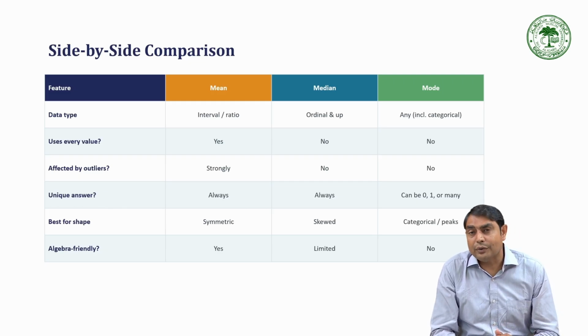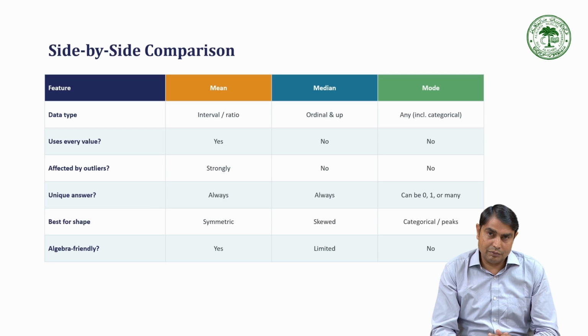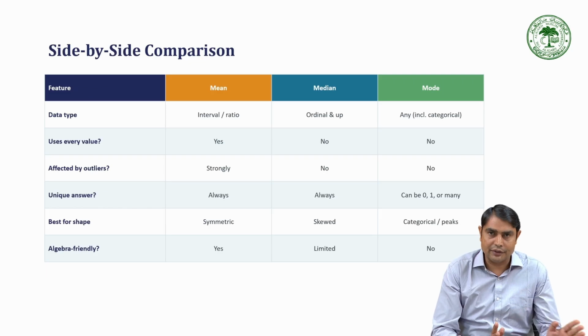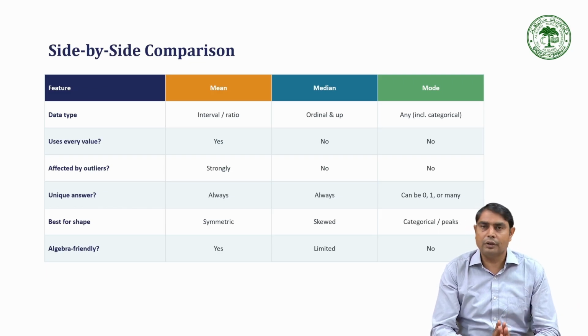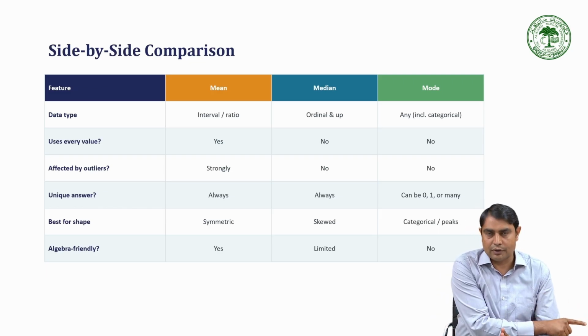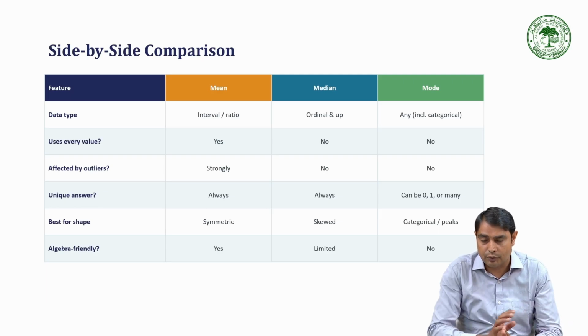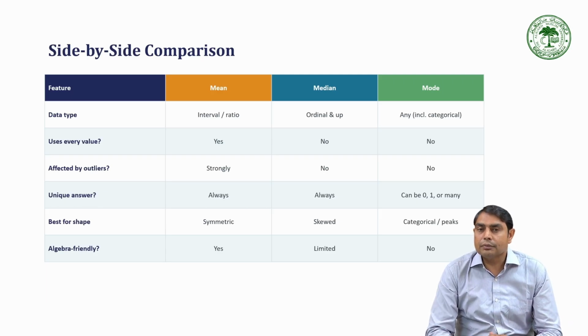So whether the value is 5 or 15 when your median is 20, both have equal rank, like less than 3, so both will be placed at 4. Coming to the mode, again it does not use every value. We are simply focusing on the highest frequency and taking that value into consideration.